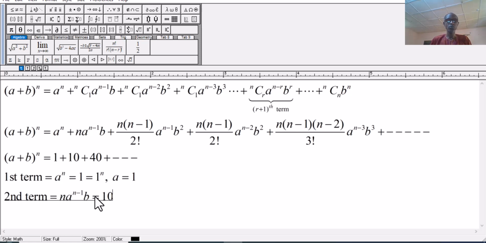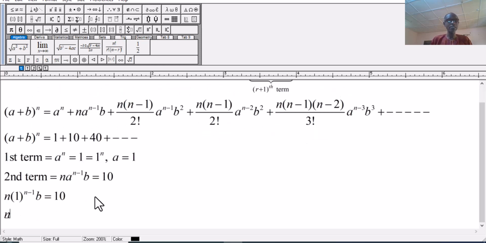So n into 1 raised to the power n minus 1, then b, is equal to 10. 1 raised to the power of whatever the value of n will be, will always be 1. So we can say that this is n b equals 10. Let's call this equation 1.